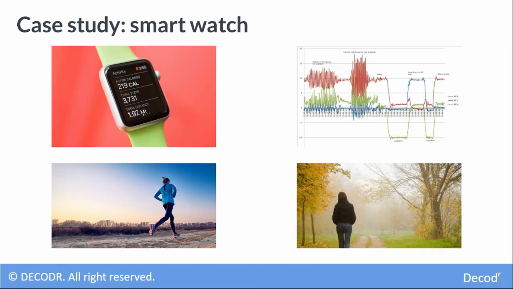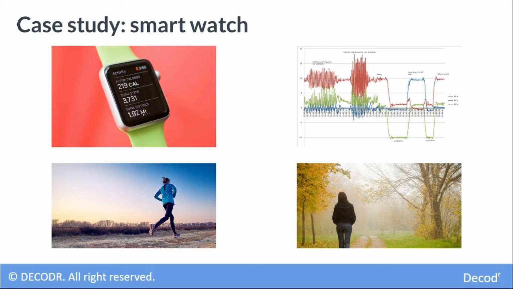The data generated by this sensor is the basis of your machine learning problem. You could ask several volunteers to wear your watch and record when they are running or walking.